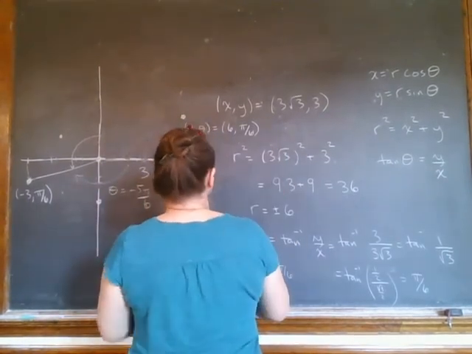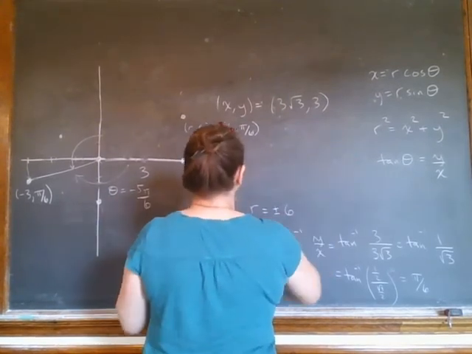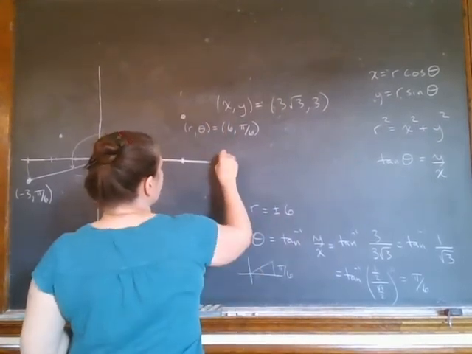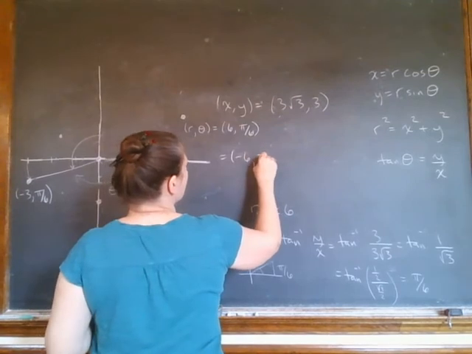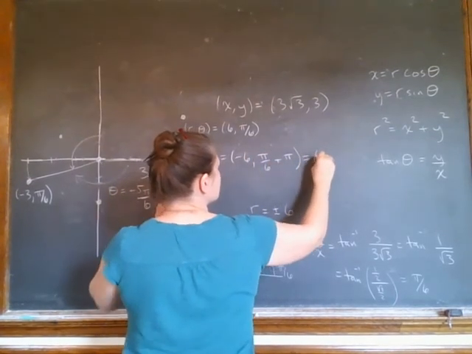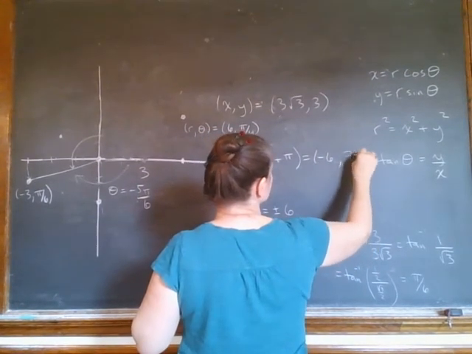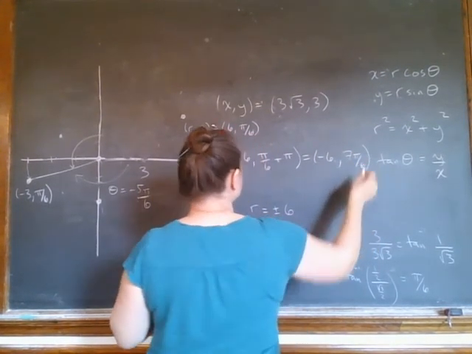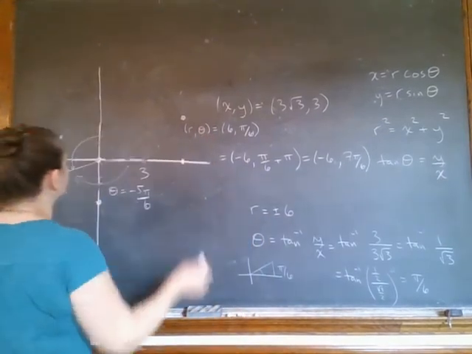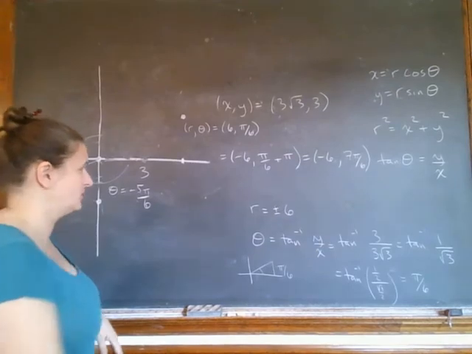All right, let me write this so we can see it. So what is this, 11 pi over 6? Yeah. Okay, so you can do that. Always use that.